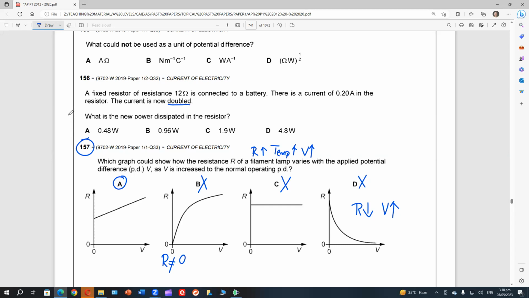But what is the present power? We can find the present power. We have the resistance and there is a current. Examiner says current is doubled.